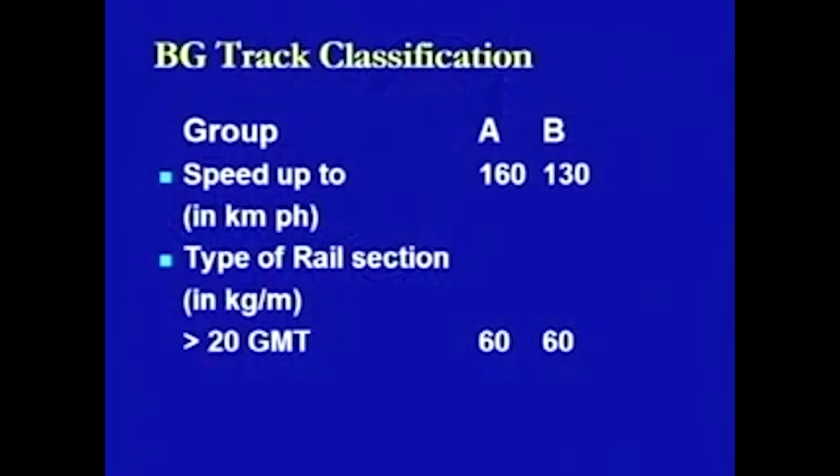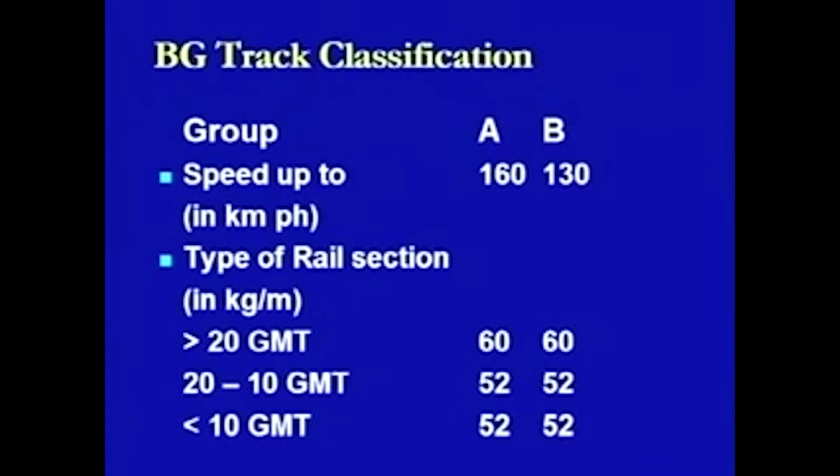So we have to look at this aspect, and this is defined in terms of the total amount of traffic which can be hauled. The classification of this total amount of traffic is done in three categories. We have traffic less than 10 GMT, then another category from 10 to 20 GMT, and the third category greater than 20 GMT.